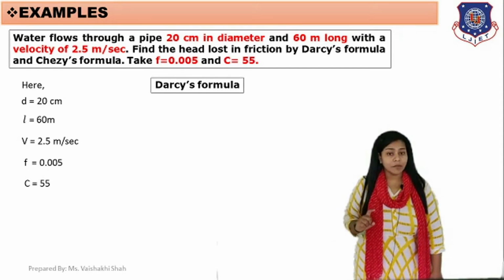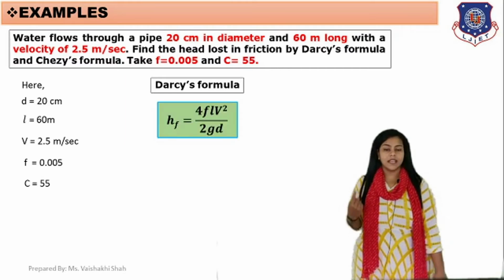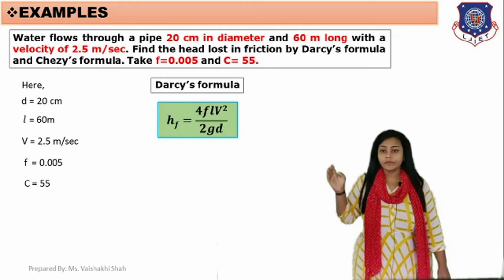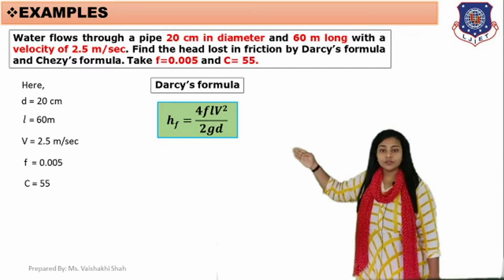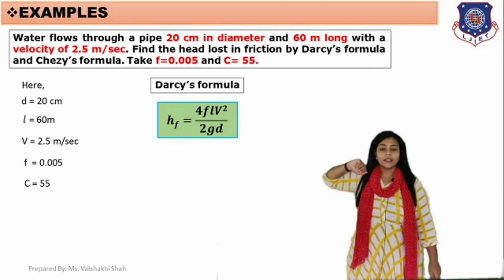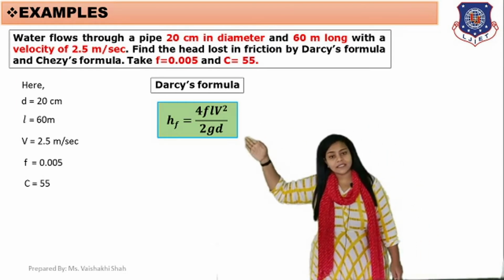What is Darcy's formula? Remember, hf equals 4f L V square by 2gD. This is Darcy's equation which we derived in our last session.